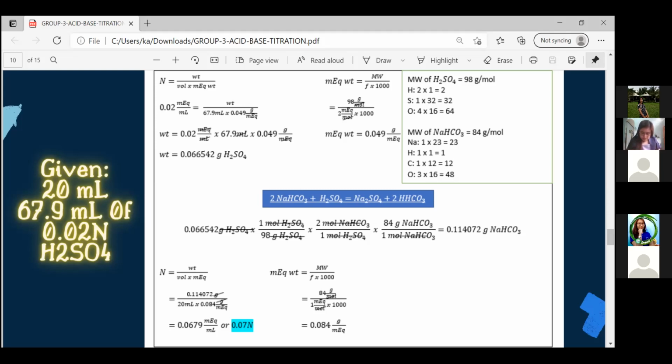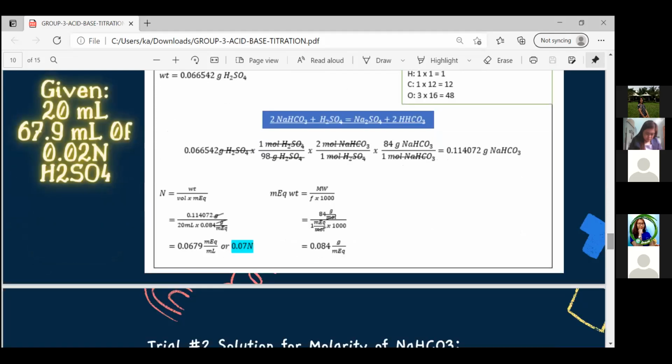So cancel out the MEQ and then the ml. So ang natira, the answer is weight of sulfuric acid is equal to 0.066542 grams. So we have here the balanced equation, and now let's proceed to the next step.